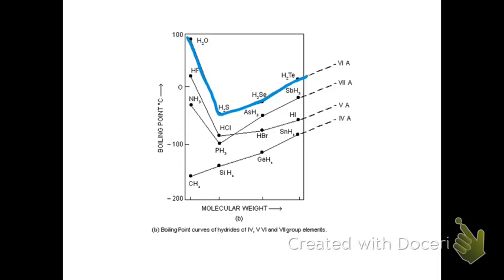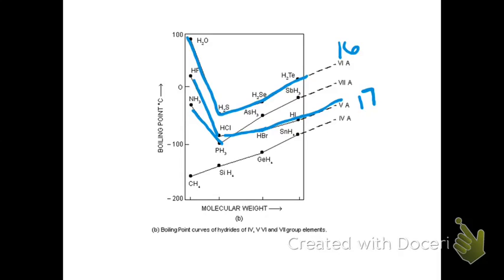This is the oxygen group on the periodic table, which belongs to group 16. So here we're looking at group 16. The next one, HF, HCl, HBr, and HI, all of those belong to group 17, or the halogens. And so all of these have different groups associated with them.